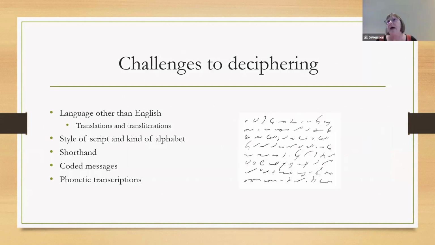One big challenge is a language other than English. And given my great-grandparents came from Sweden, and the people who lived in this area of Red Lake Reservation spoke a dialect of Ojibwe, I had a couple of challenges, right? There's also the challenge of translations versus transliterations. This distinction is important. A translation is taking, for example, a sentence in Swedish and translating to what it means in the English language.